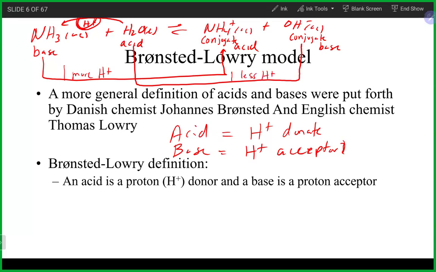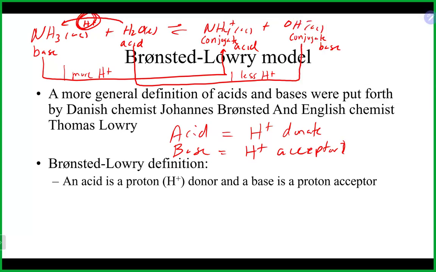So what I was talking about earlier is the effect of accepting an H plus. If we look at NH3 here, it is neutral. When it accepts the H plus on the other side, it has one more hydrogen, but now becomes one more positive because it gained not just the H, but the H plus part of it. When we look at the water on the left, it is neutral.